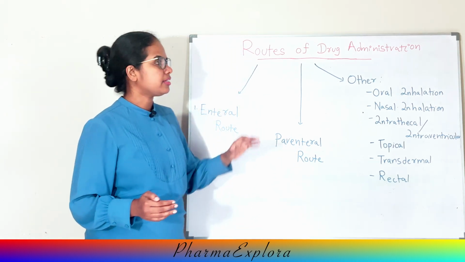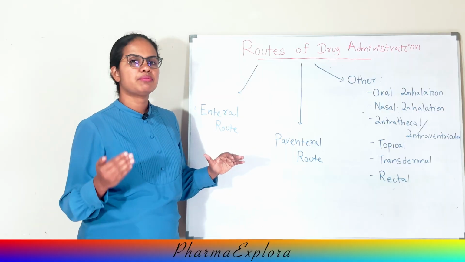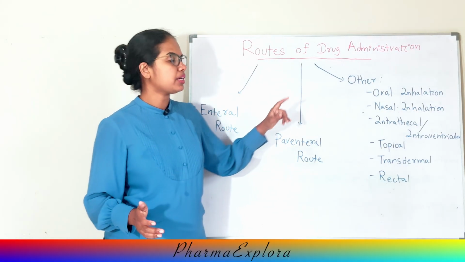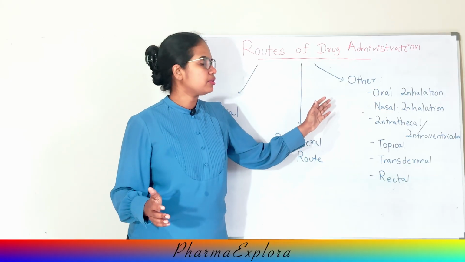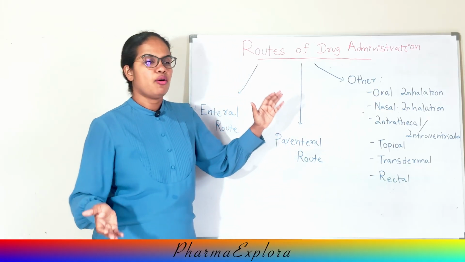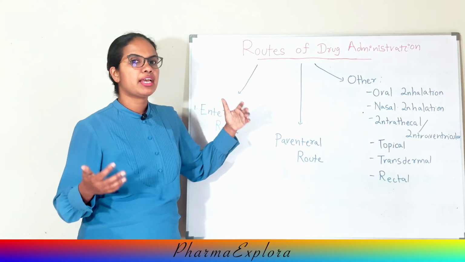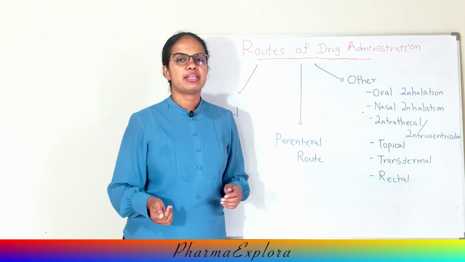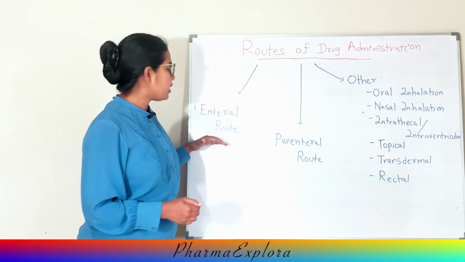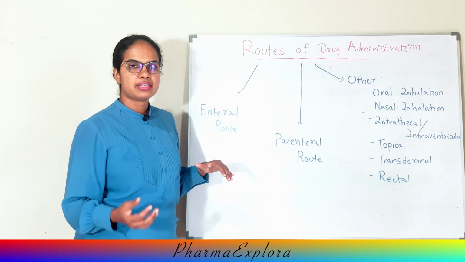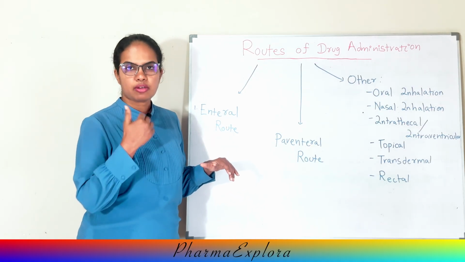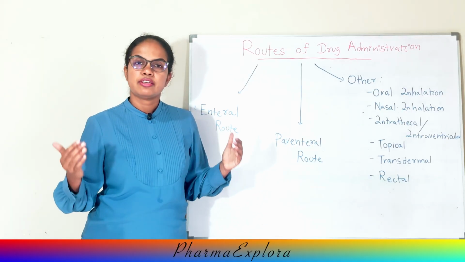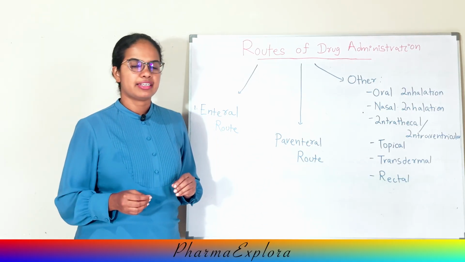We divided the routes of administration mainly into three categories: enteral route, parenteral route, and other. The other category contains all the specialized pathways that we use to administer medicines into our body. The enteral route we define as taking the medicine orally, or methods involving the gastrointestinal tract.